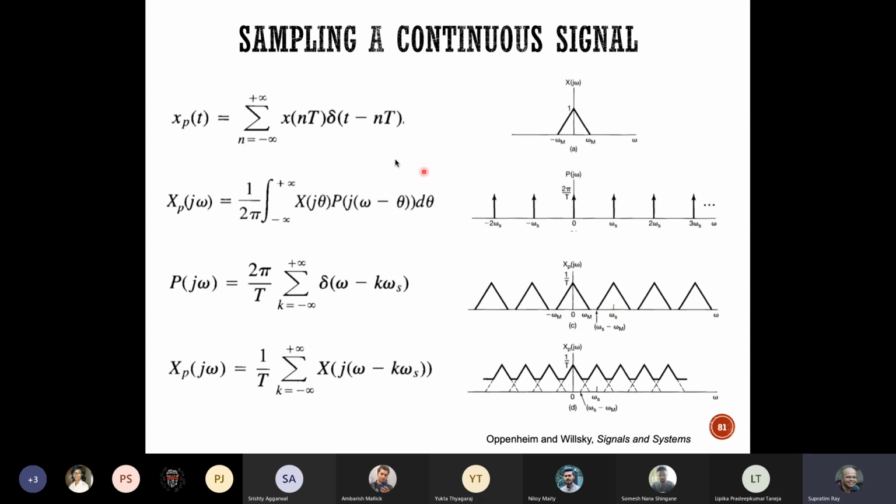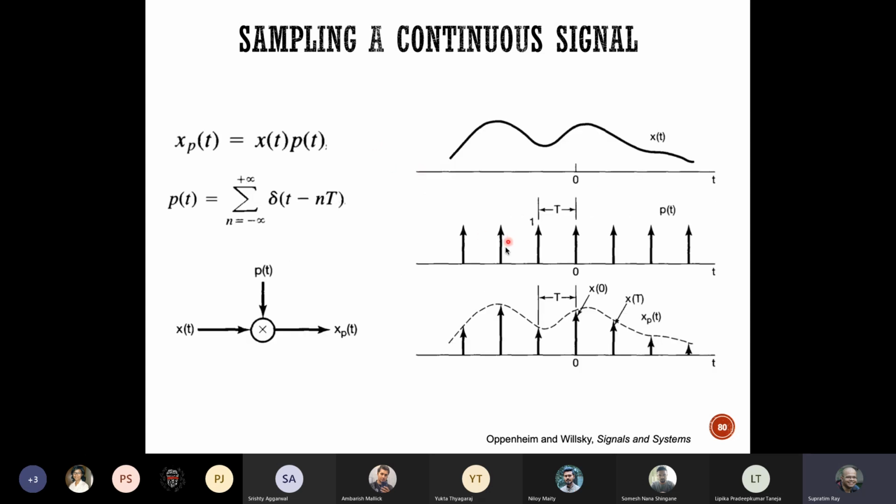And this happens because the Fourier transform of this comb function is another comb function. The closer these impulses are in time, the farther they will be in frequency.